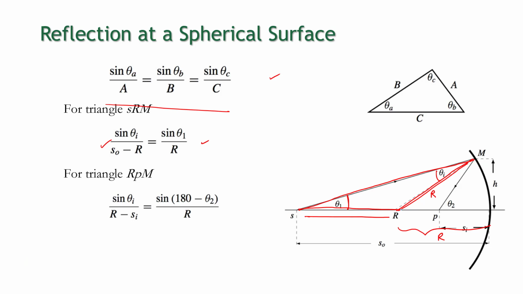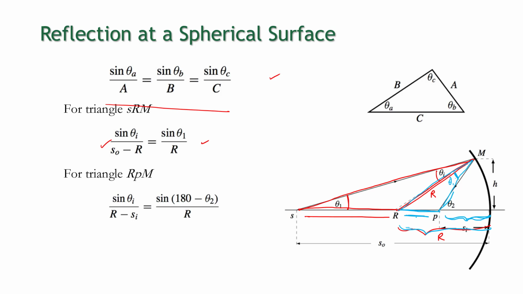RPM is this small triangle. For that triangle, we have sine theta I again, because these two are equal, over this side, which is this whole thing minus that. This whole thing is r, and that is SI, the image distance.